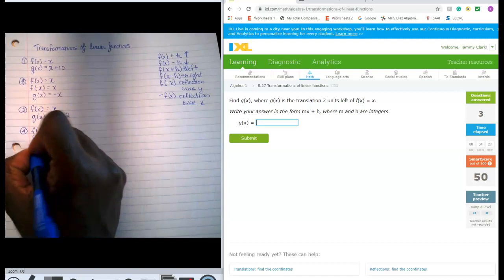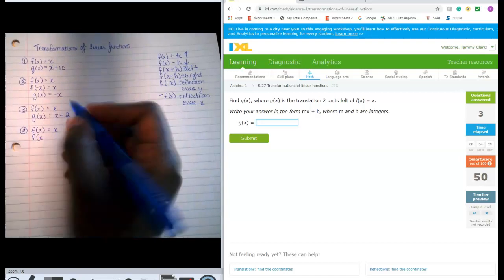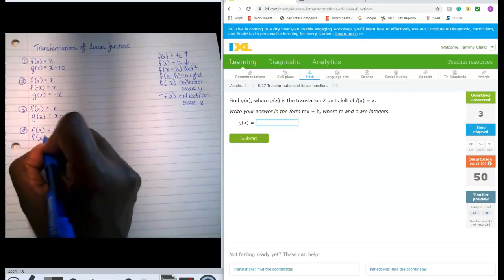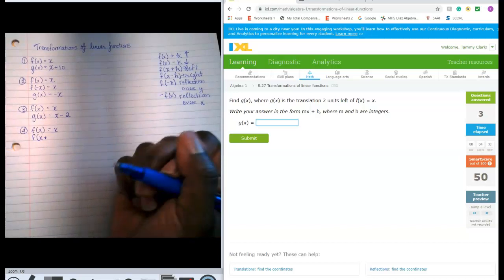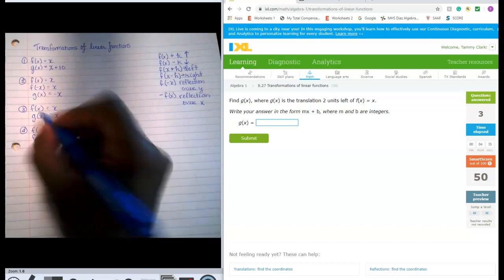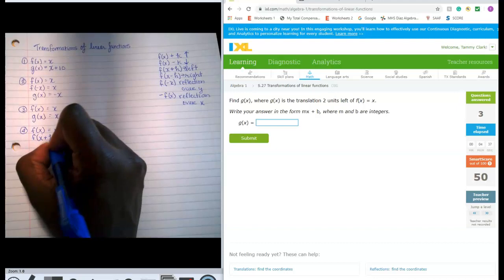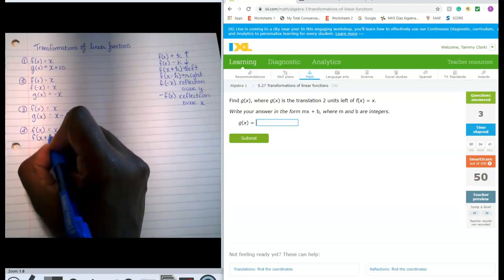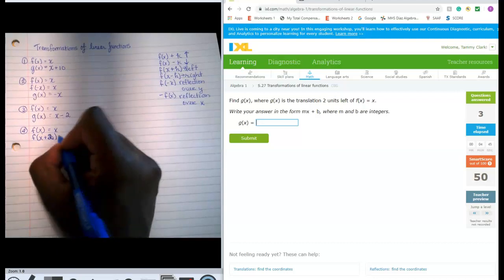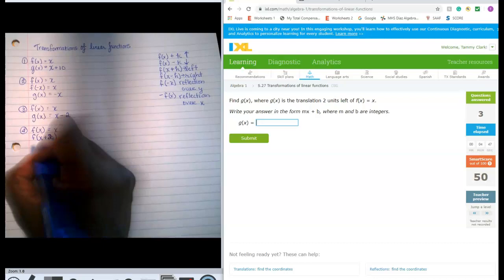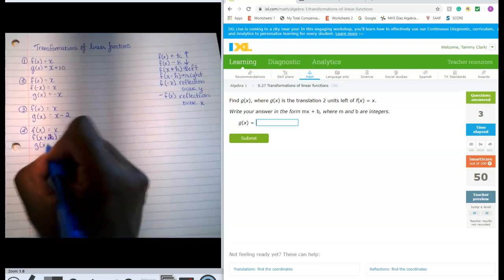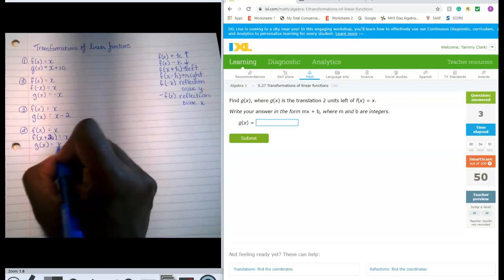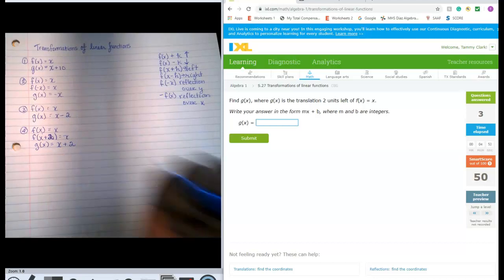So instead of using subtraction for left, we're going to use addition instead. And we move 2 units, so let's make this a 2. So g of x then would be equal to x plus 2.